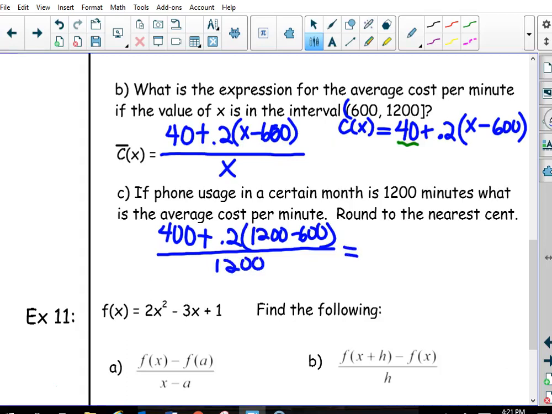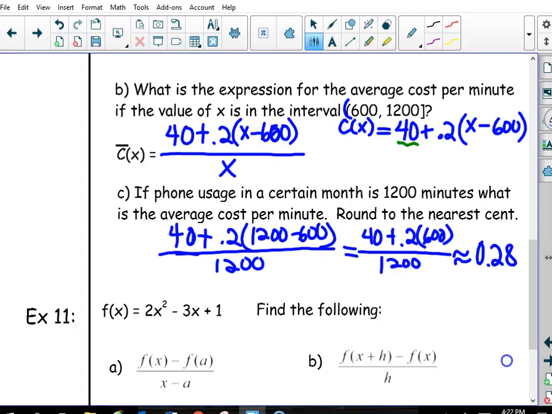I'm going to do the subtraction. 40 plus 0.2 times 600, all over 1,200. That, rounding to the nearest cent, is $0.28. So pay attention to the units when you're entering that number. I think they have it in dollars.